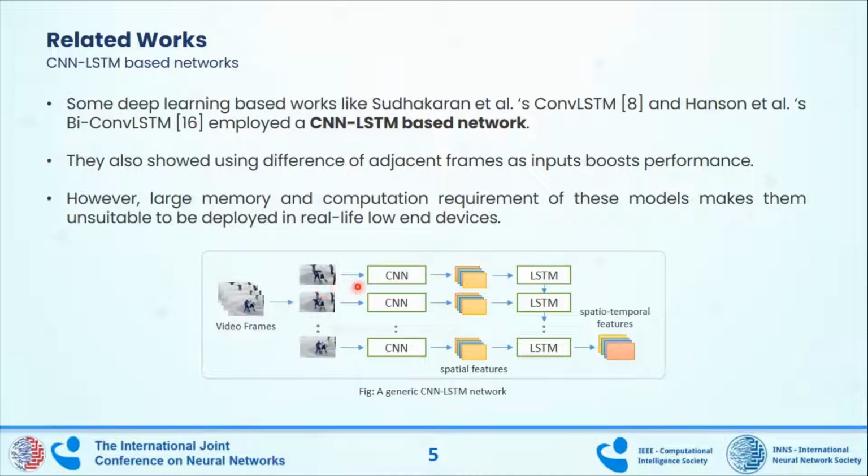The frames are passed into the CNN-LSTM module sequentially one by one, and the CNN part generates spatial features, which are then processed by the LSTM to generate spatiotemporal features. They also showed that the difference of adjacent frames as inputs boosts performance. However, most of these networks had a lot of memory and computation requirements, which is a problem if we want fast and efficient violence detection methods, which can be deployed in real-life low-end devices.